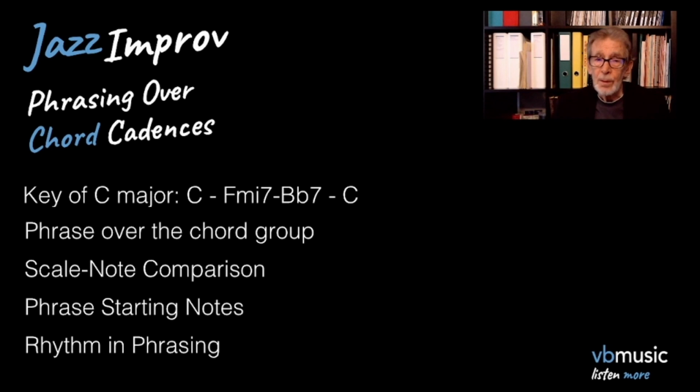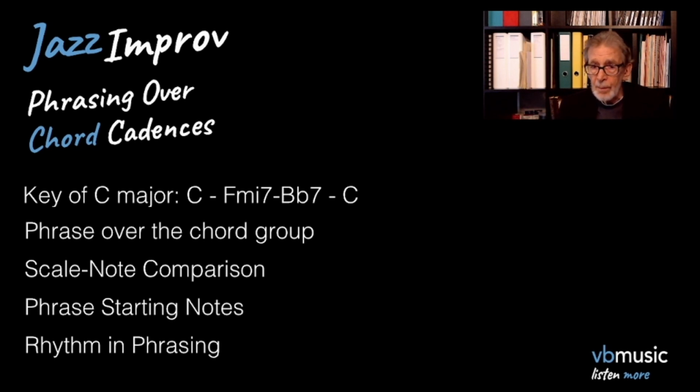Now if you look into the repertoire with more detail, you will notice many cases where the melody begins on the 5th. Alright, so let's look at that. Now what is the scale for F minor 7, B flat 7? We look at that as one thing. Really it's B flat 7, F minor 7 is a kind of preparatory chord for it, but in any case the scale is the same.